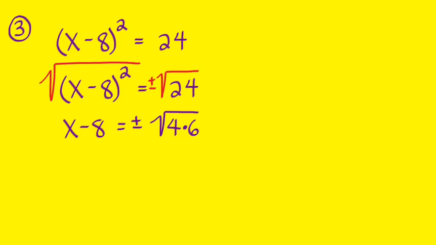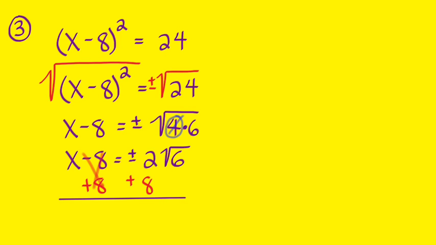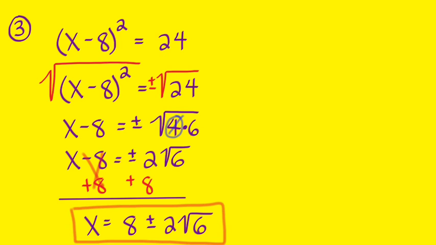And I know this is 4 times 6 or 8 times 3, but I'm going to go ahead and do 2 square root 6 because I took out the 4. And now I still have to solve for x, right? So I have to add 8 to all of this. So I'll get x equals 8 plus or minus 2 square root 6.